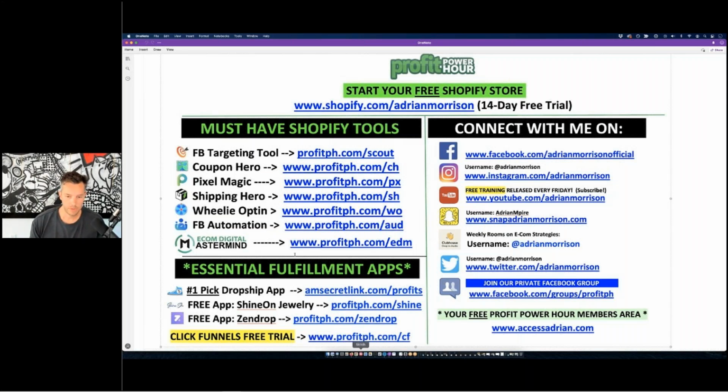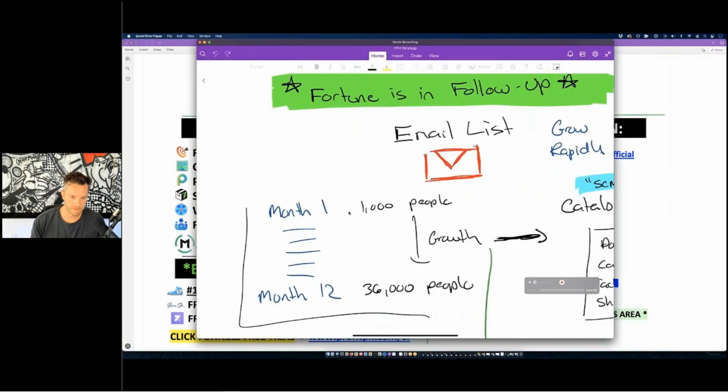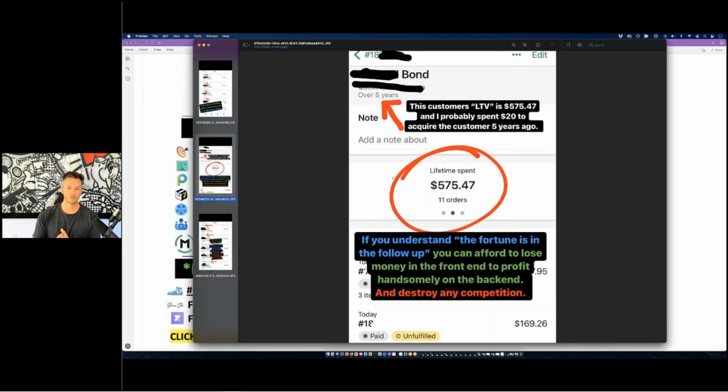And so, this case study right here, while it is only $575 for this one customer, I think the point you have to understand is that I have 100,000+ customers in my funnel, right? Maybe this customer takes 6 months before they buy something else, but there's 100,000 other people in my funnel, and every day is one of those people's 6-month break or 2-month break where they finally buy something else.